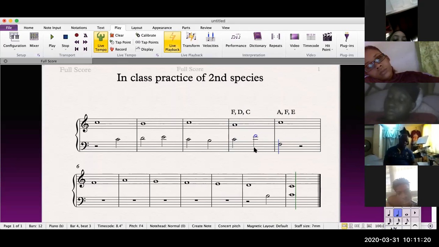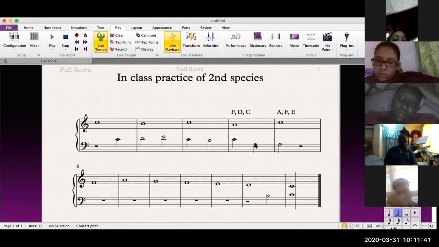It could be that one. It's a little bit of a big leap, probably not the best idea. We could do the D. Certainly could do that. Or could stay on the same note. Or could go down there, but then that's oblique motion, which we're trying to avoid.